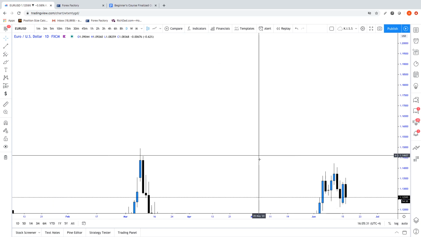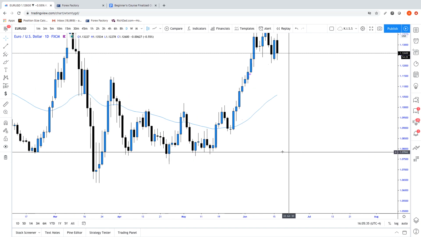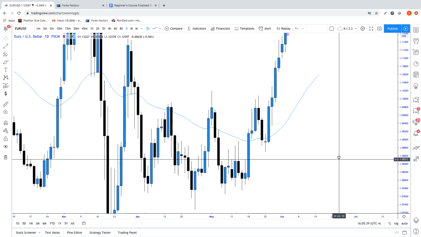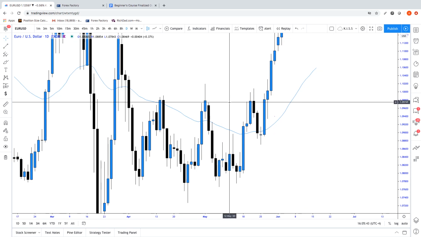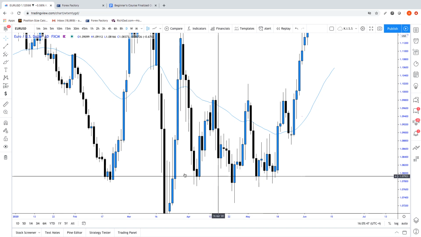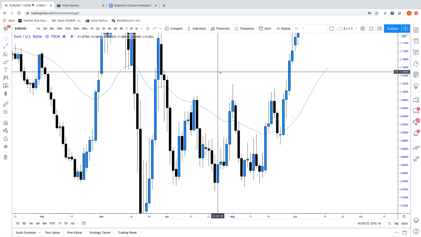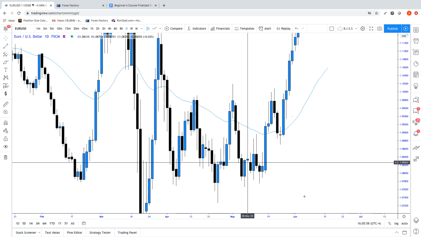We're going to drop down into the charts and give you a visual representation. Here on Euro USD, you can quite clearly see highs and lows. This is the daily time frame, so each candlestick represents one day's worth of price action.